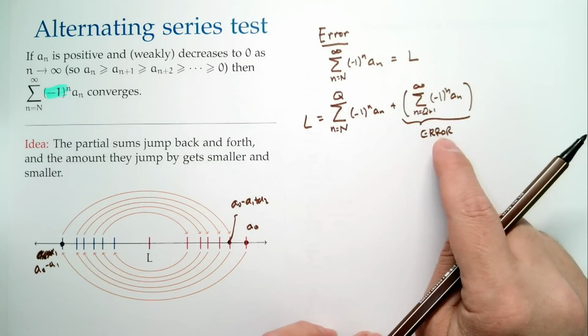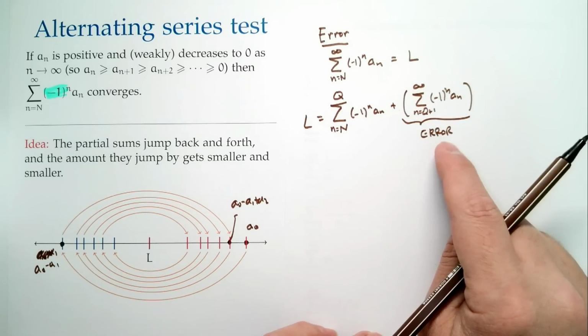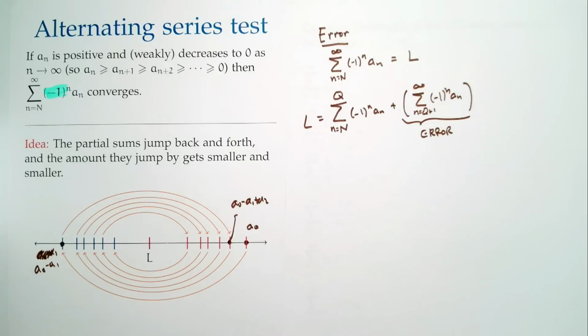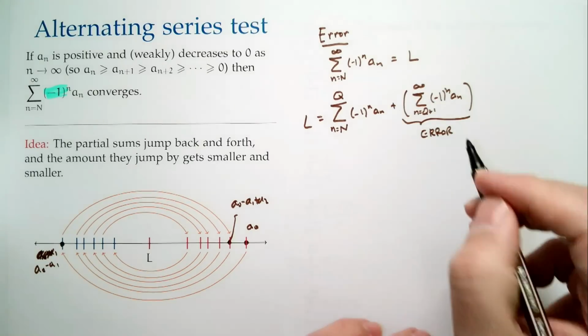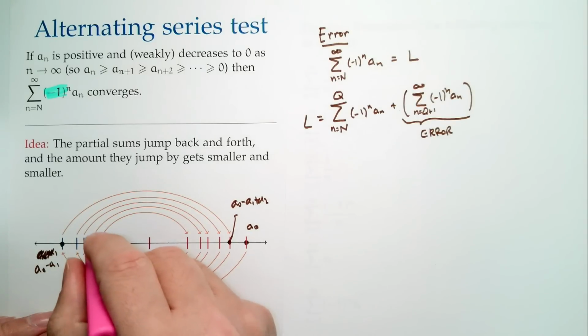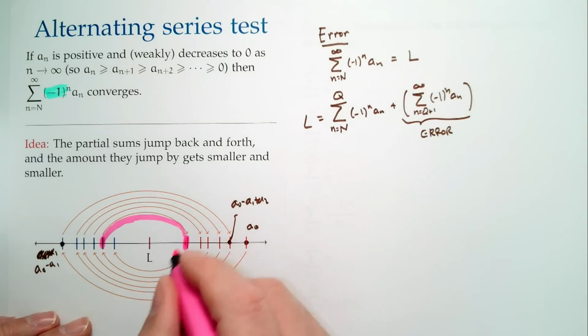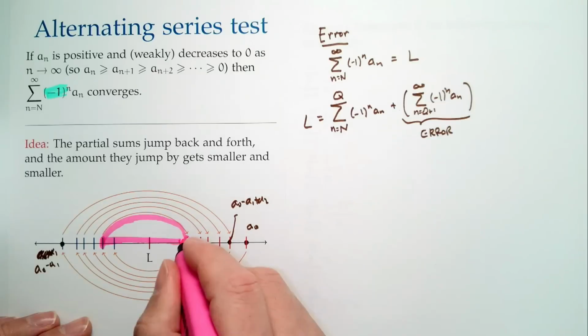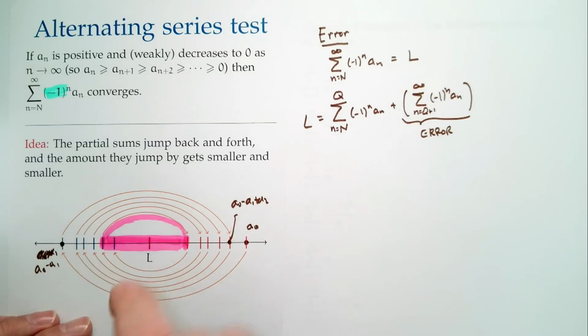Now, how far off could we be? And here's the fun thing. If you think about the picture, and the picture really helps us in this situation, if I'm at a particular value, and then I follow that to my next value, my value for L has to be somewhere in between.